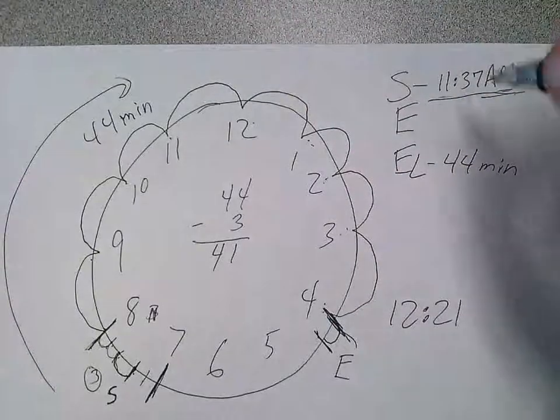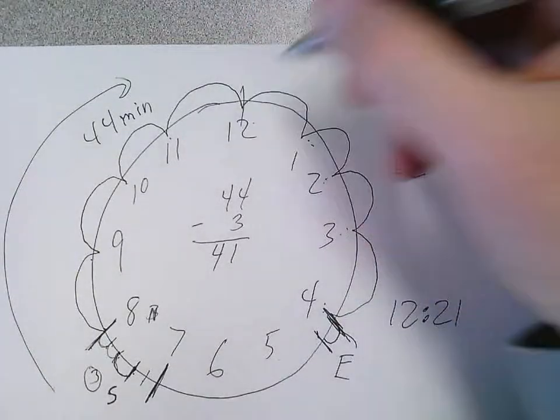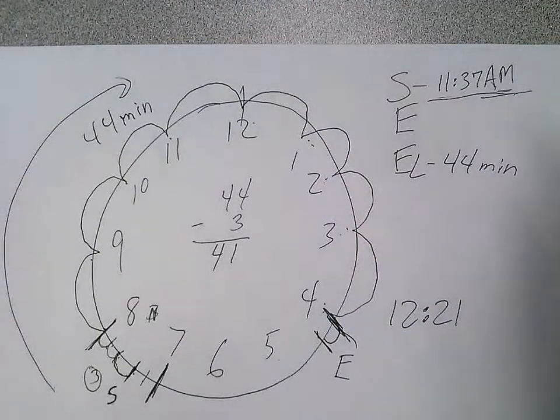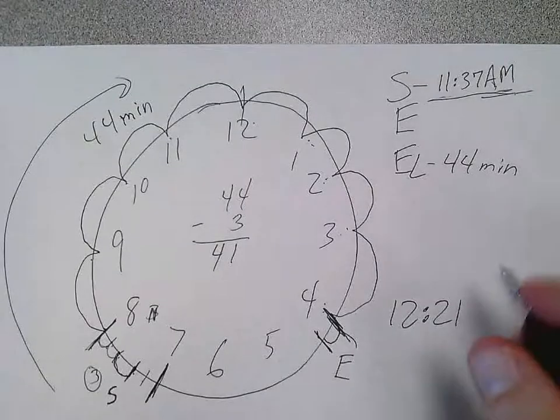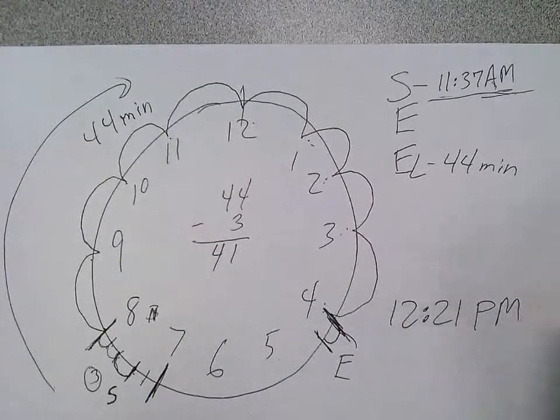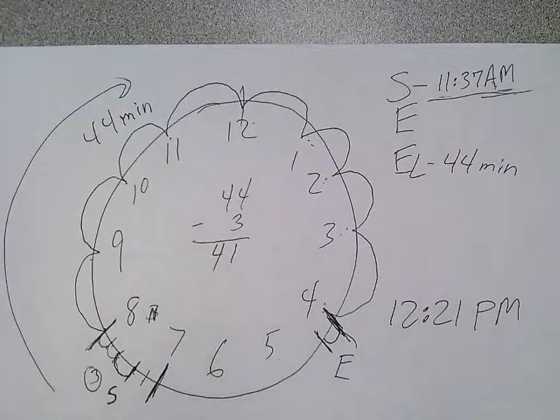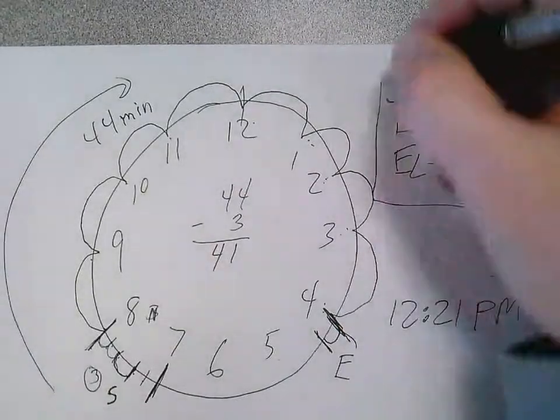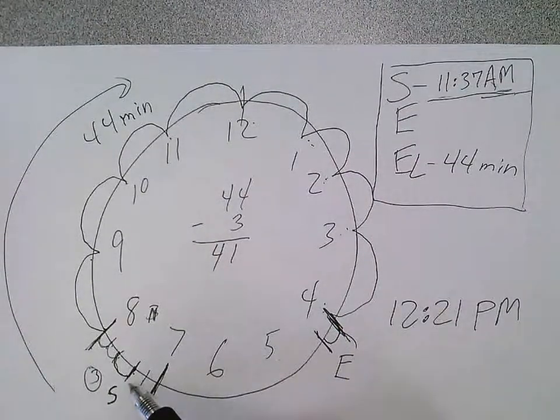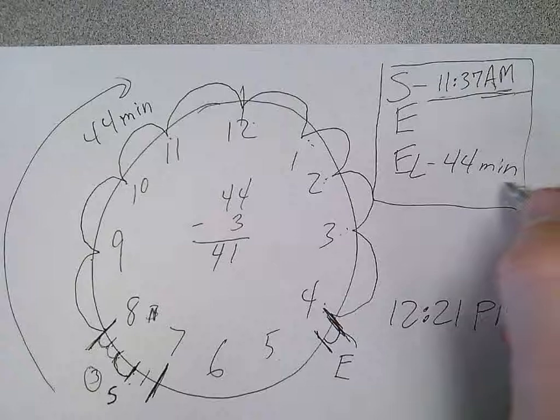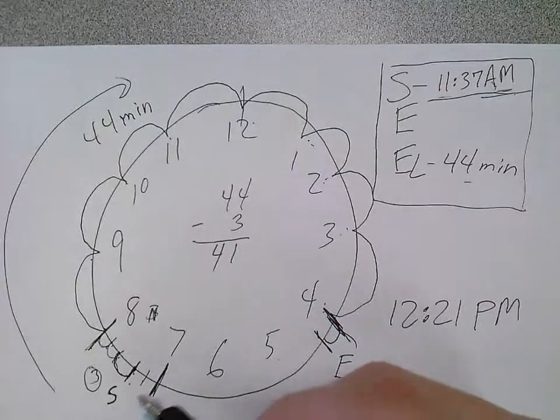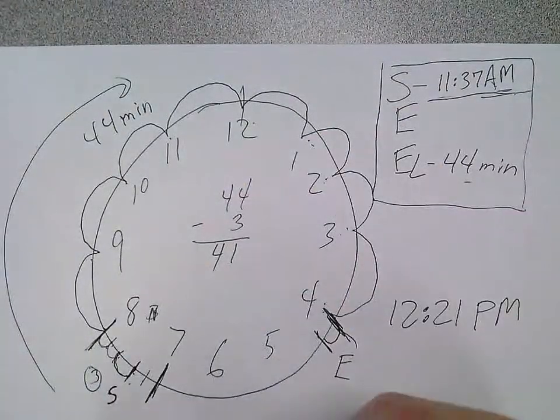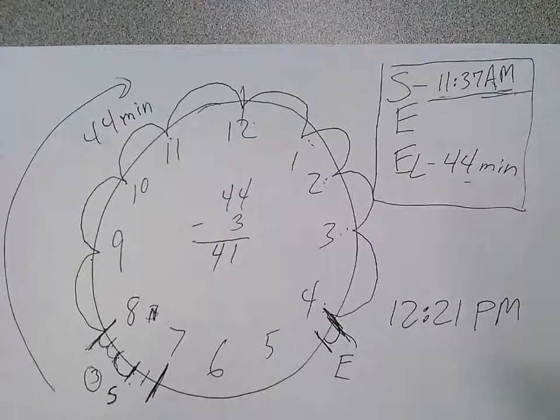So since I went from the AM, crossed noon, that means I'm moving on into PM. So my answer here for end time is 12:21 PM. Once again, get your data, mark your start time minutes, and then add your elapsed time minutes on to your start time minutes. That means you're going to travel clockwise around the clock that many minutes.